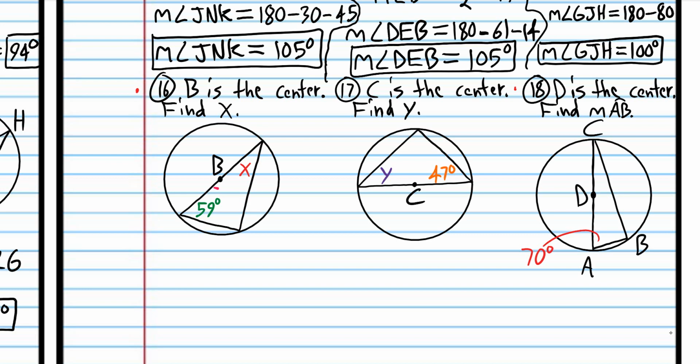First of all, this inscribed angle is 59, and we're looking for this inscribed angle. But we notice that the intercepted arc for this inscribed angle just happens to be right on the endpoints of a diameter. And how do we know that's a diameter? Because B is the center, and that chord is going right through the center.